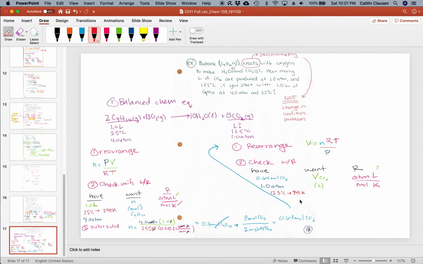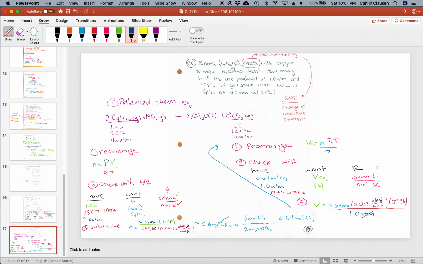And now I can just plug all that into my rearranged equation and solve for volume. 0.64 moles times 0.0821 atmosphere liters per mole Kelvin times the temperature 398 Kelvin, all of that divided by the pressure, which is 1.0 atmosphere.